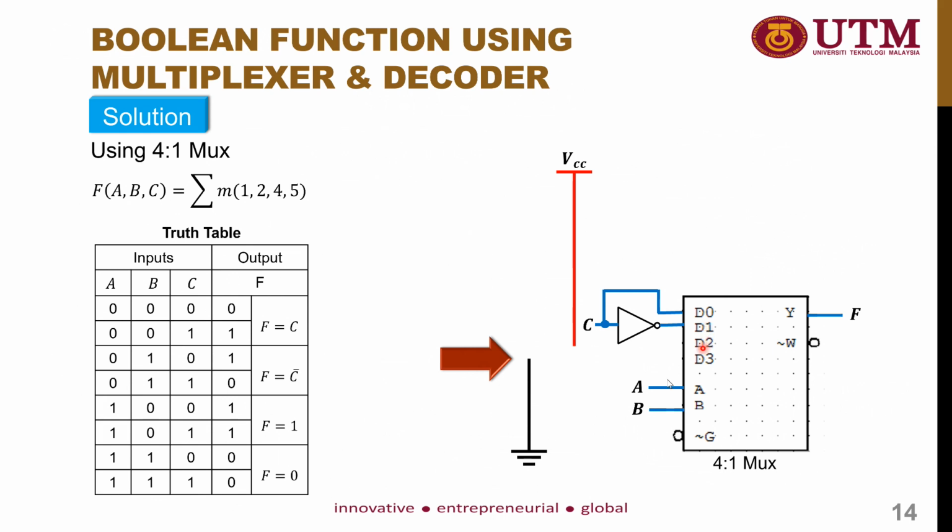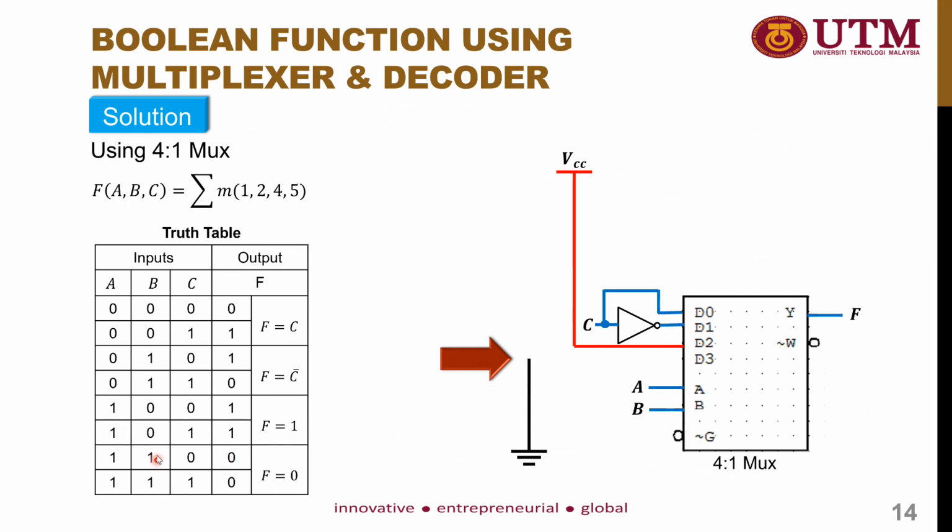Next is D2, which is when A is equals to 1 and B is equals to 0. So the output that we can get here is F is equals to 1. So in order for us to ensure that D2 is equals to 1, we need to connect D2 to the VCC.